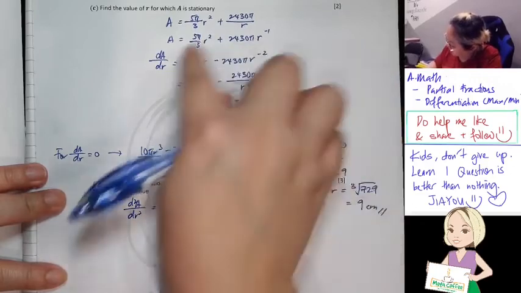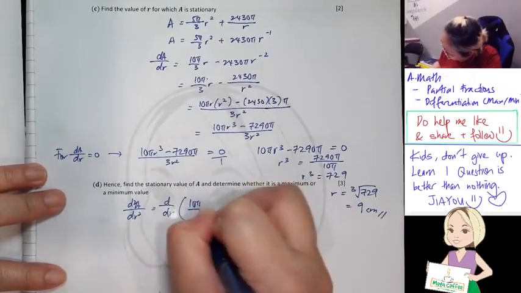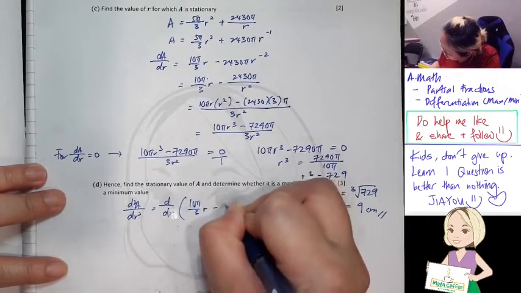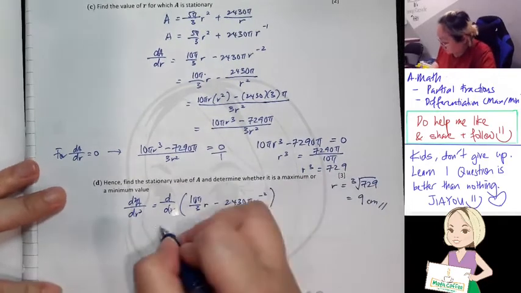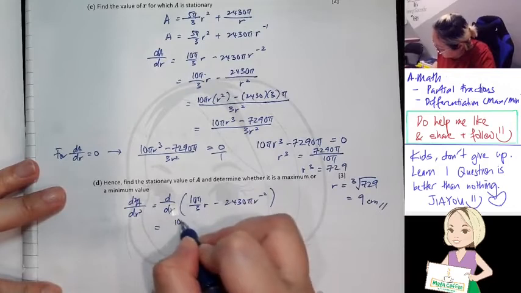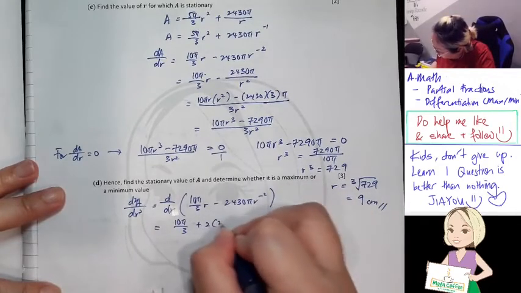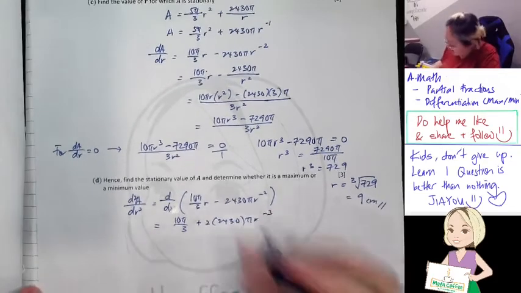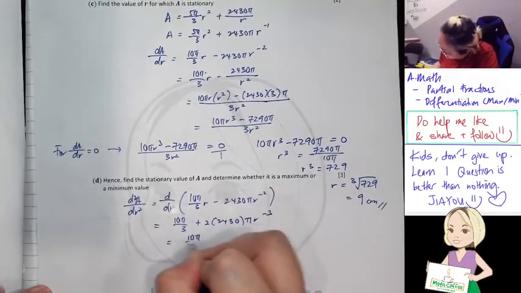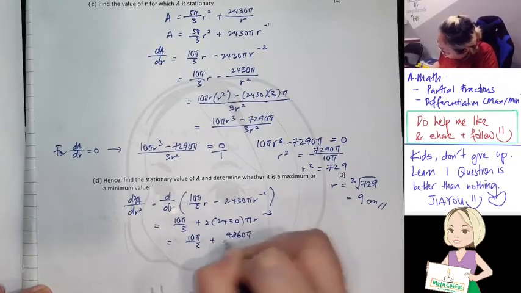This form: 10 pi over 3r minus 2430 pi r to the power of negative 2. So differentiating this one, I will get 10 pi over 3 plus 2430 pi r to the power of negative 3. And I have 10 pi over 3 plus 4860 pi over r cubed.